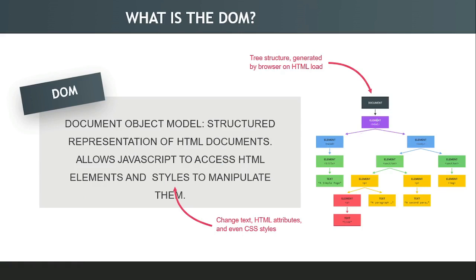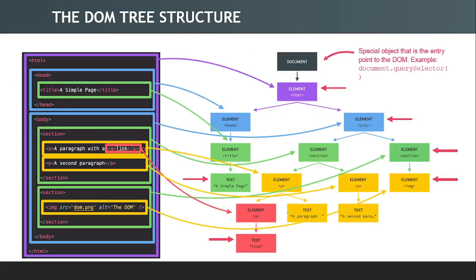Looking closely, HTML, the head, the body, title, section and paragraphs are all elements. Then we have text, like a first paragraph and a second paragraph. The p tag itself is an element, but inside the p tag we have text.